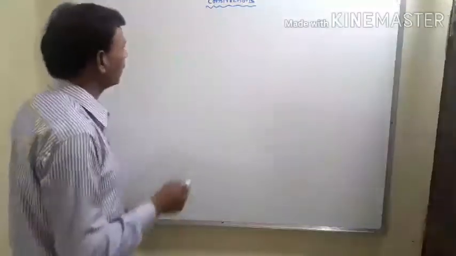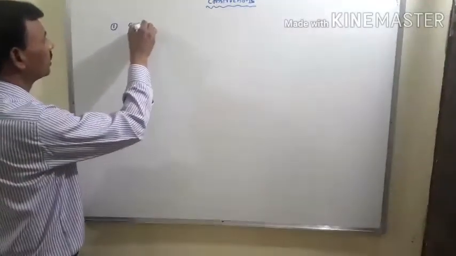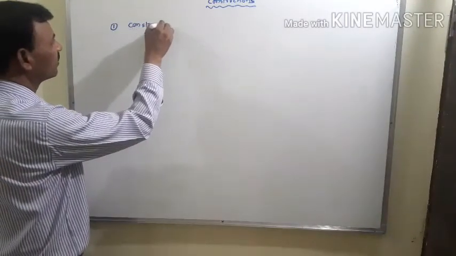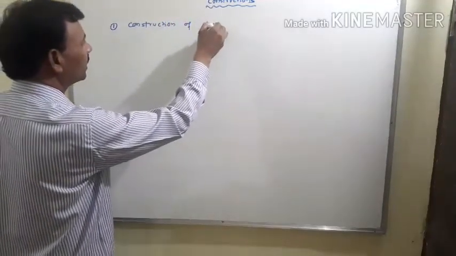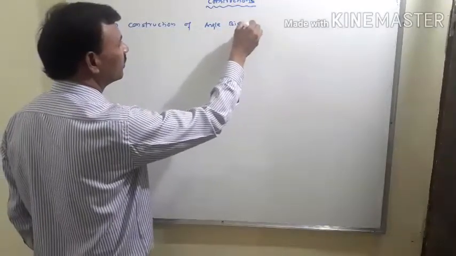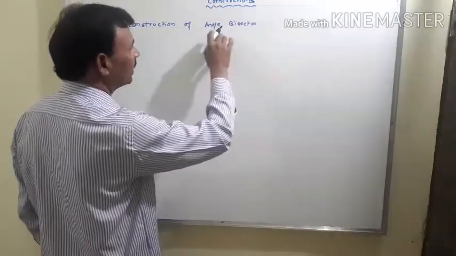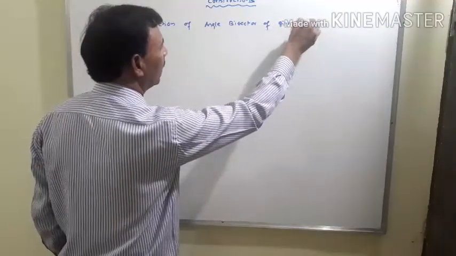Now we will take first the construction of the angle bisector of a given angle.